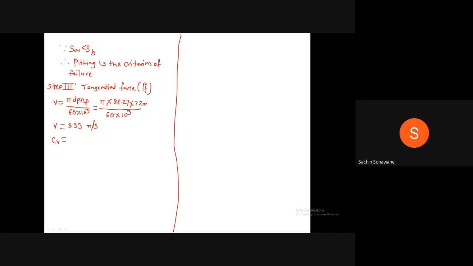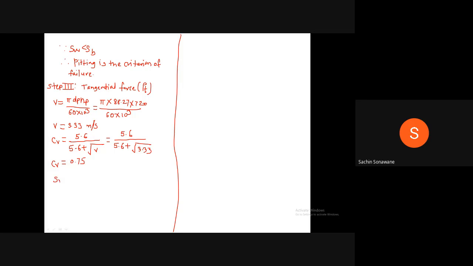Now for helical gear, velocity factor CV is given by 5.6 divided by 5.6 plus root V. Therefore, substitute the values. 5.6 divided by 5.6 plus root of 3.33. Therefore, CV is equal to 0.75.